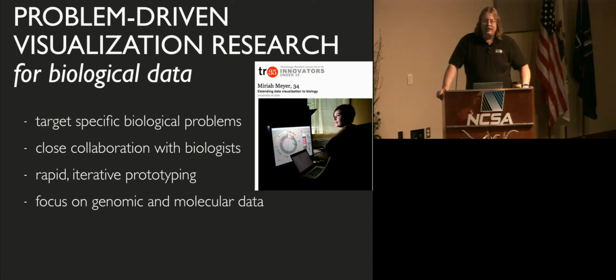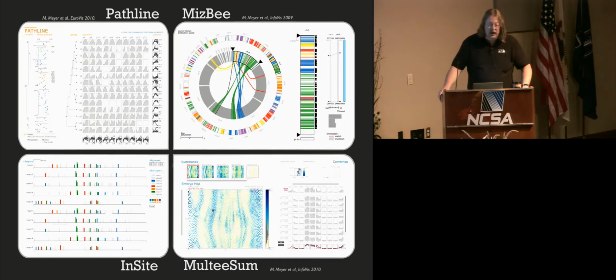And then she did another version, and then the same again. So this is rapid iterative prototyping as a way of designing a better visualization system. She has now done this many times, and here are 4 of her visualization systems. And you notice that they're different looking, and that's because they solve 4 different biological problems.